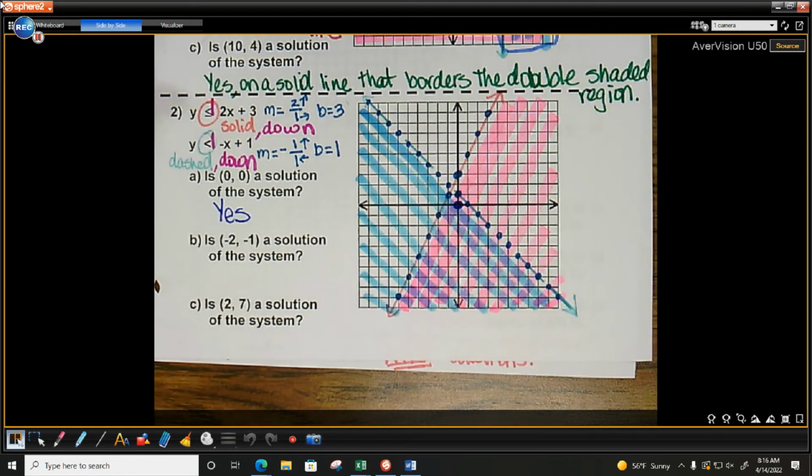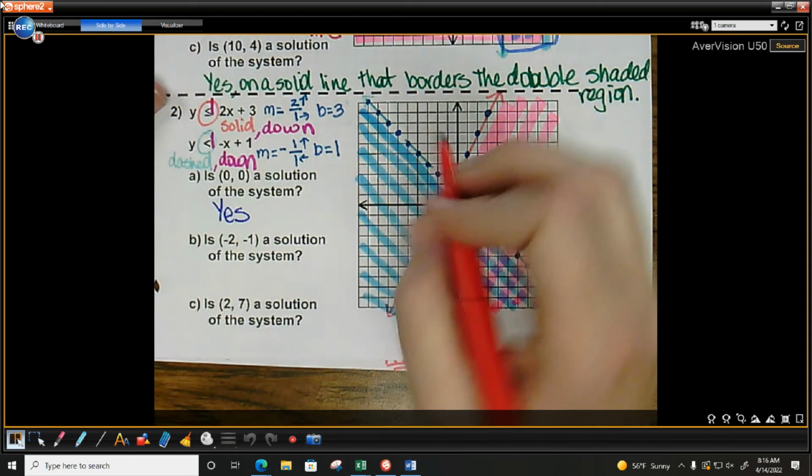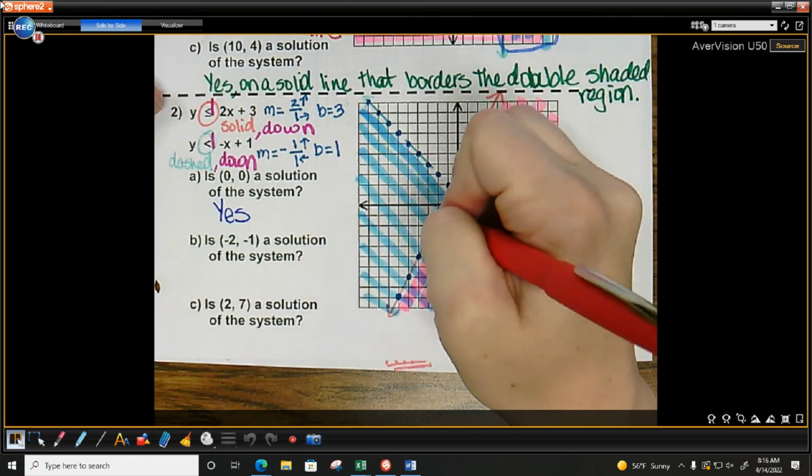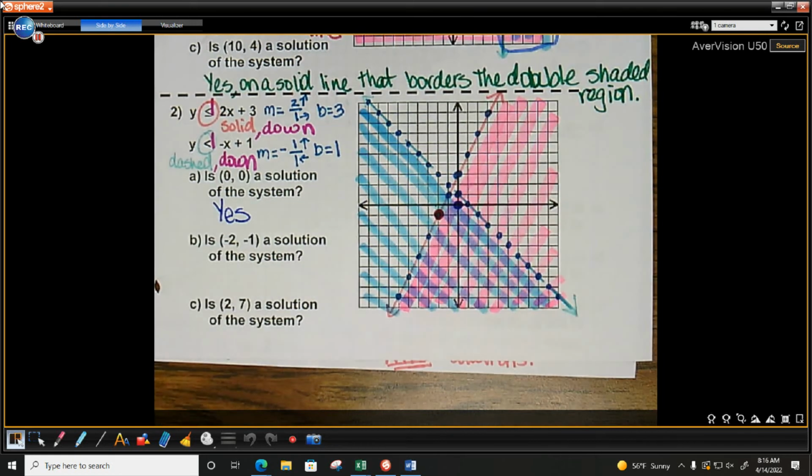Left 2, down 1. Is it bordering the double shaded region? Yes. And it's on a line, right? What kind of line is it on, Monet? Are points on a solid line solutions? If it's bordering the double shaded region, so this is a yes.